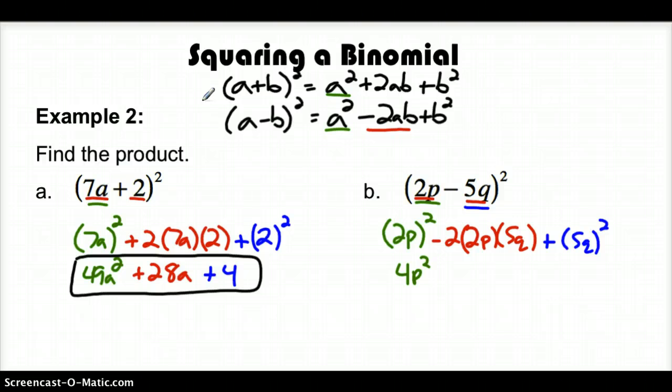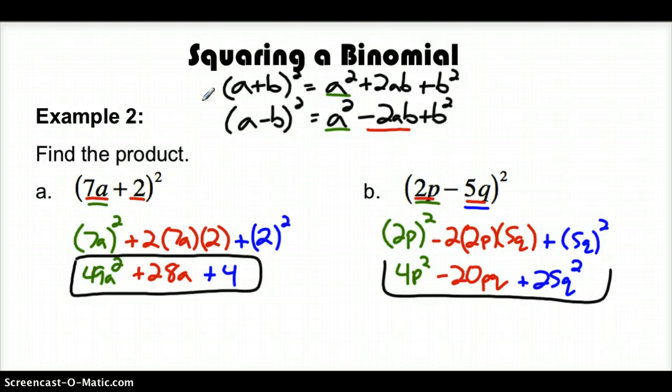Let's see, I have my negative 2 times 2, which is 4 times 5, which is negative 20pq. And my final term here is going to be plus 25q squared. Okay? And that is some special product patterns that we experience when we square a binomial.